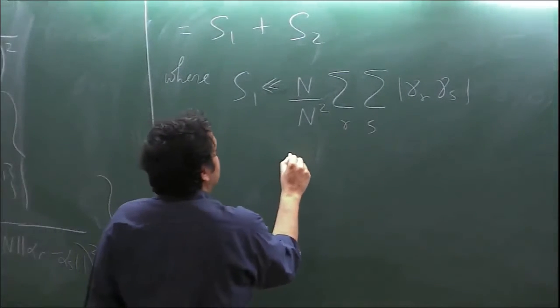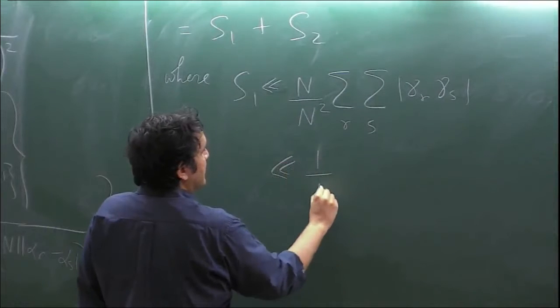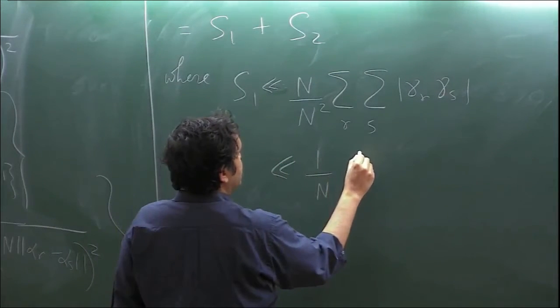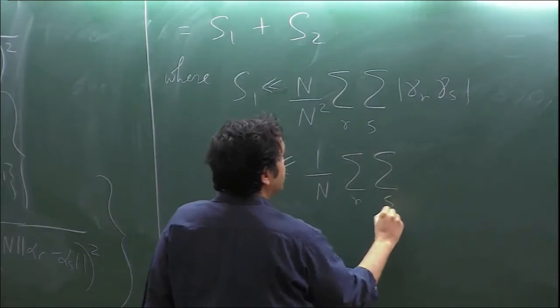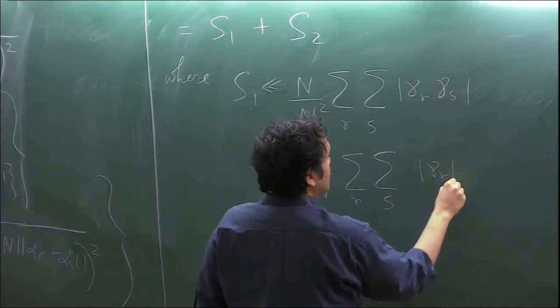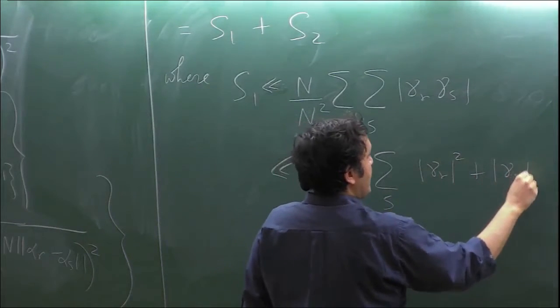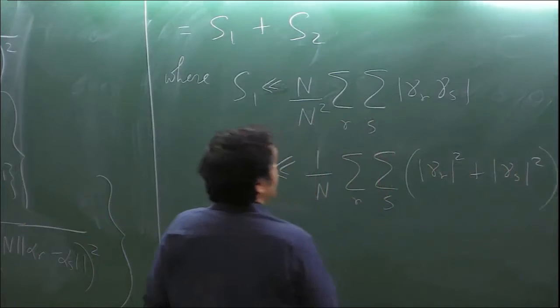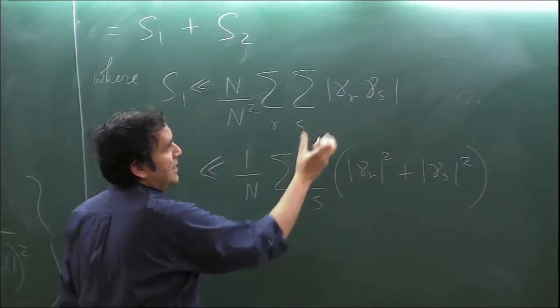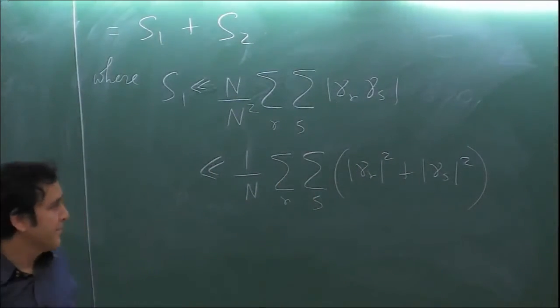And now I will just bound this by, so you just write it as sum over r, sum over s, gamma r square plus gamma s square, right? Because AB is bounded by a square plus b square.